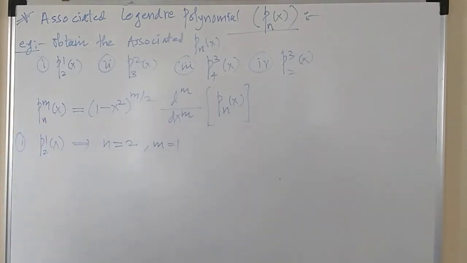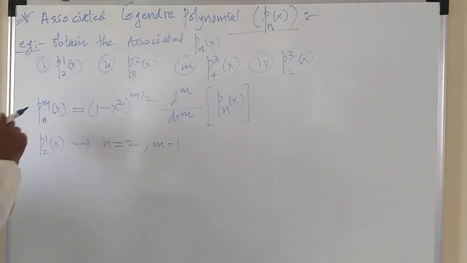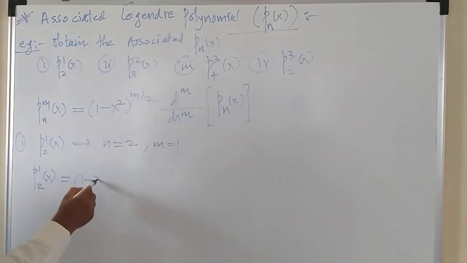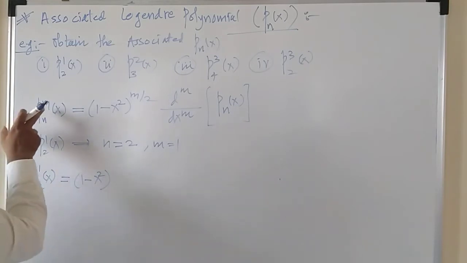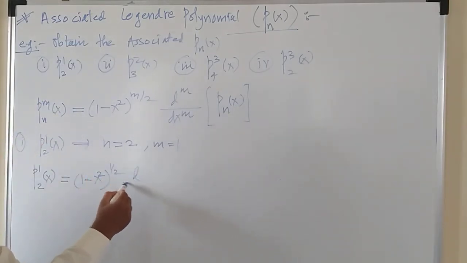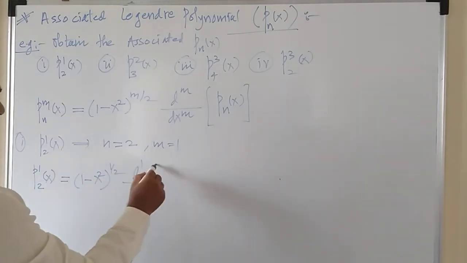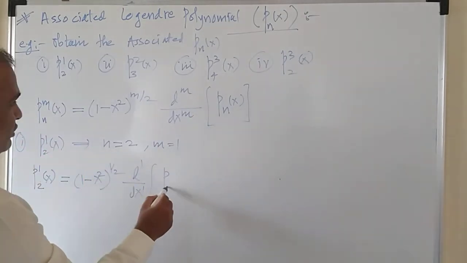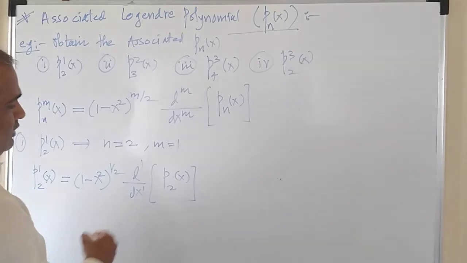But before that, let us write this relation. P21 of x is equal to 1 minus x square raised to power m by 2. m has a value equal to 1, so raised to power half, into the first derivative of P n, n is equal to 2, so P2 of x.